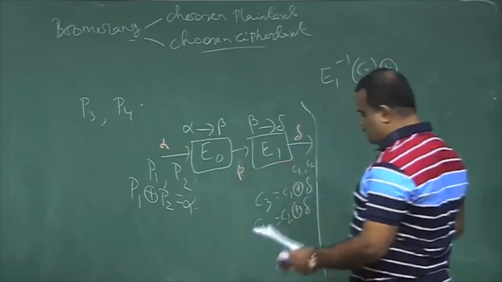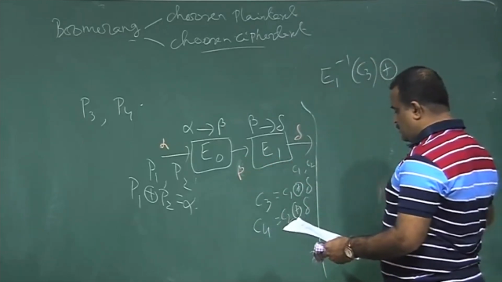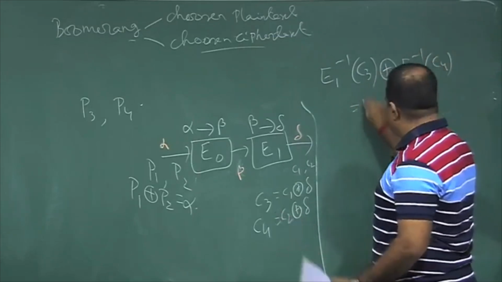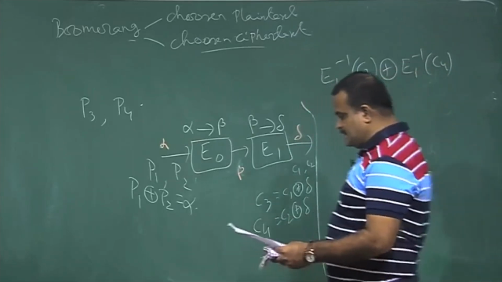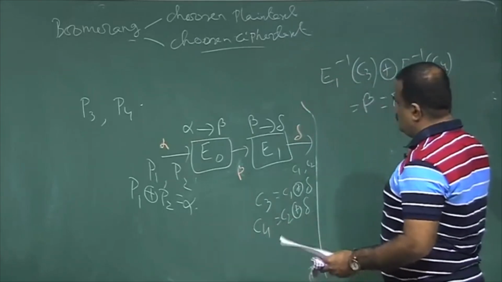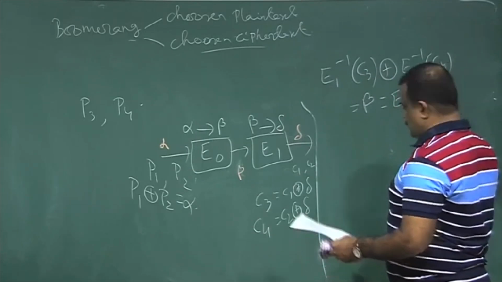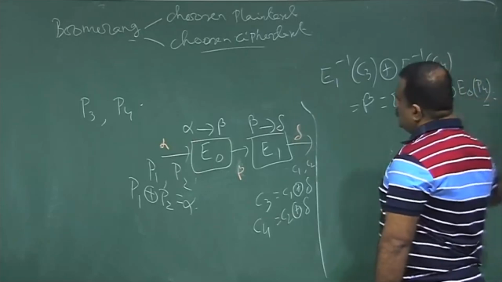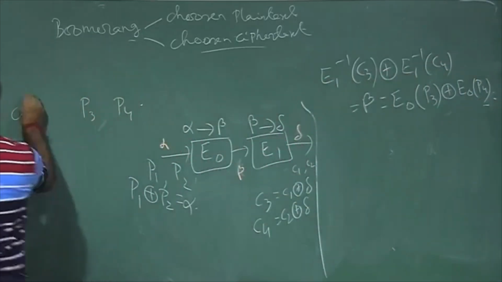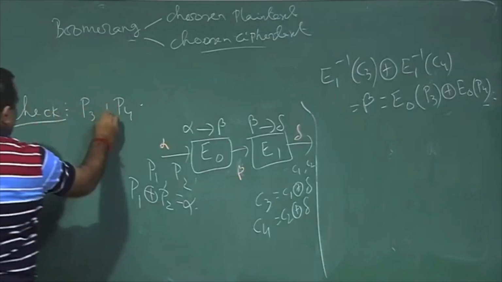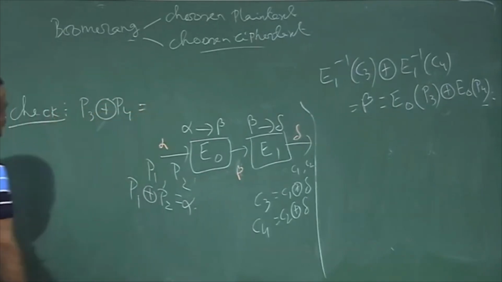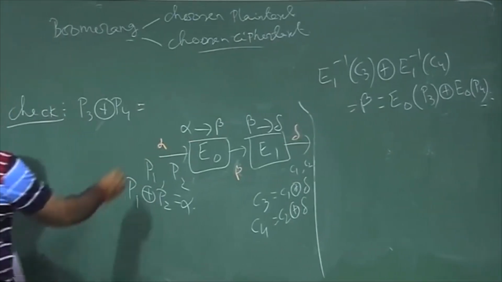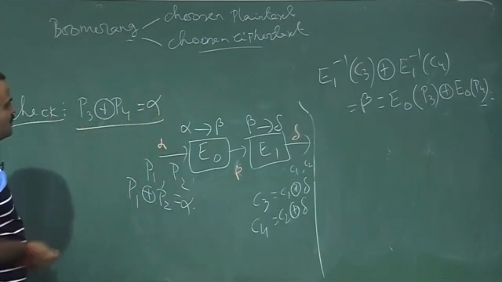If we come back here, C3 XOR with E1 inverse of C4 should give us beta, which is again the same as E0 of P3 XOR E0 of P4. So, that means we check this, and if this is alpha, then we increase the counter by 1.